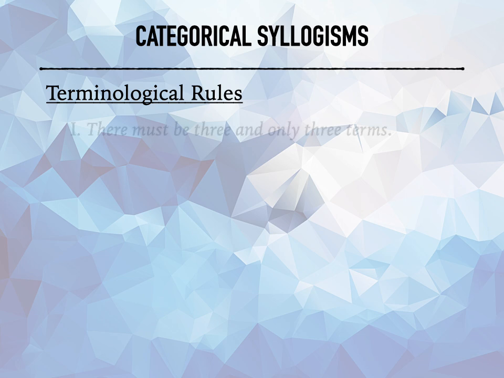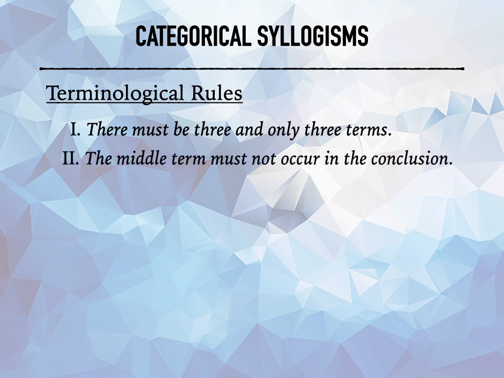The terminological rules: first, there must be 3 and only 3 terms. If a syllogism has more than 3 terms or fewer than 3, that's a clue to us that this is not a valid syllogism. Second, the middle term must not appear in the conclusion. If the middle term is there, it is not a valid syllogism.